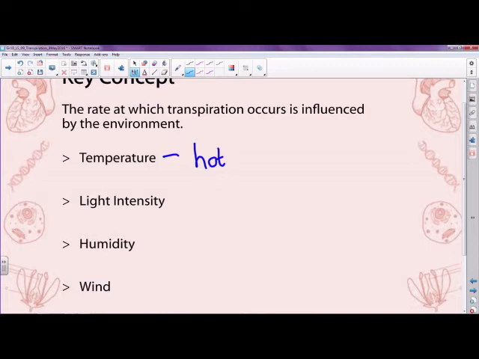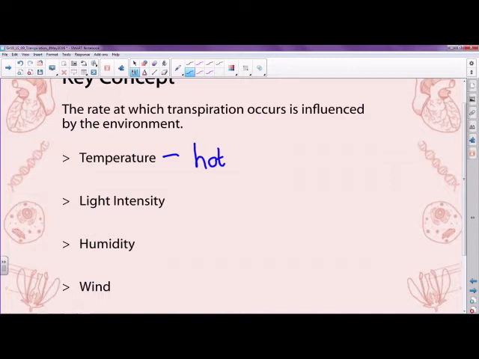First, temperature. When it is hot, I tell my class to remember that transpiration is like plant sweat, because that's what it is. It's the plant getting rid of water vapor. If you think of what you would do in certain conditions, the plant is going to do the same.